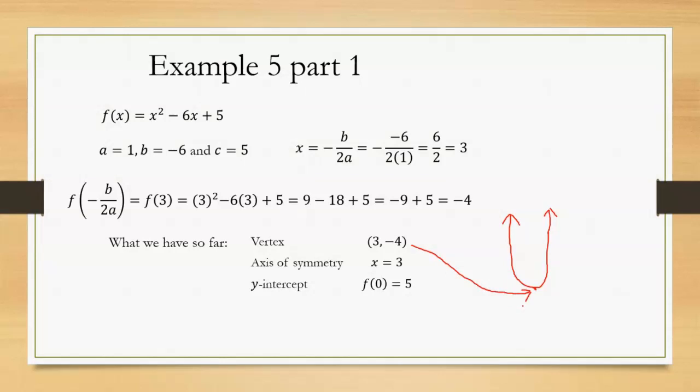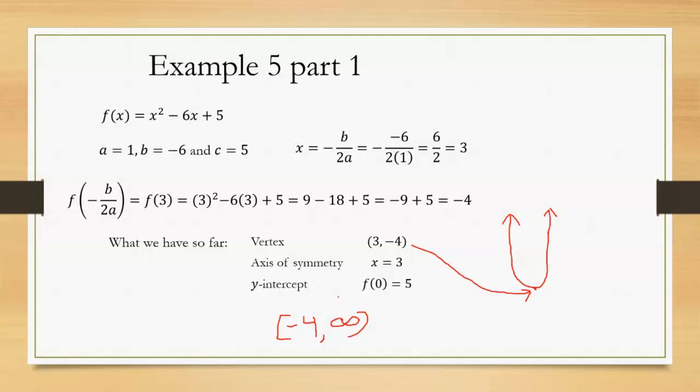And from there, we can get the range. Namely, the range is going to be starting at minus 4, comma, and it goes all the way up, since the graph is pointing up, to infinity.